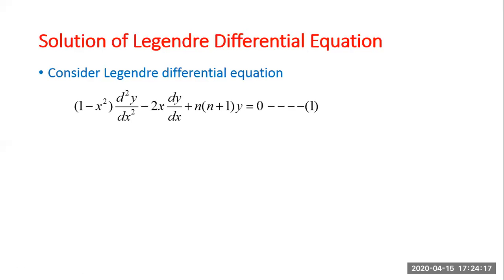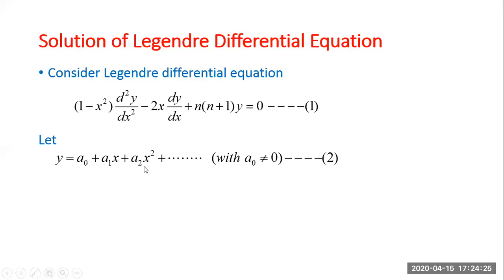If x equal to 0 is an ordinary point, then the series solution is given by y equal to a0 plus a1x plus a2x square and so on, with a0 not equal to 0. In this case, we don't get the term x power k. It is only y equal to a0 plus a1x plus a2x square and so on. Let me take this as the series solution of equation number 1.